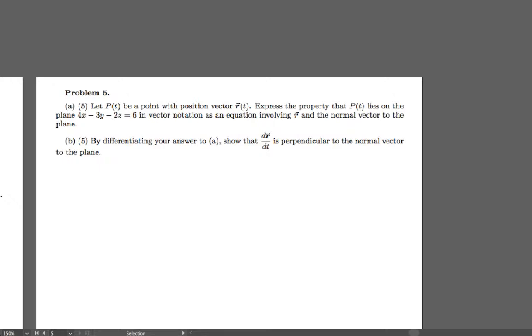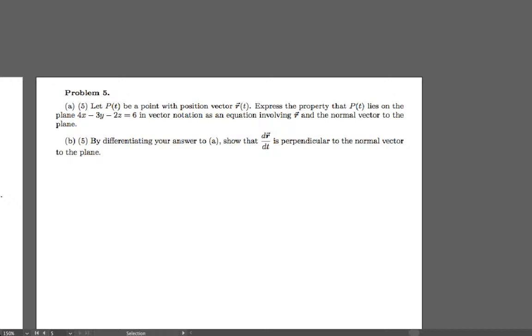Let P be a point with position vector r vector of t. Express the property that P lies on the plane 4x minus 3y minus 2z equals 6 in vector notation as an equation involving r vector and the normal vector to the plane.